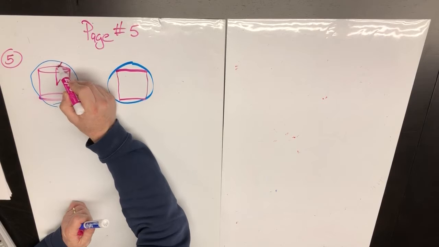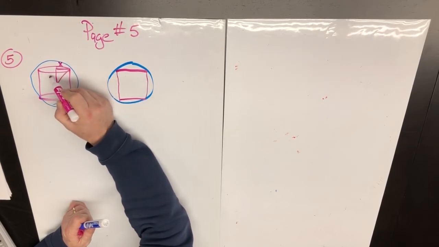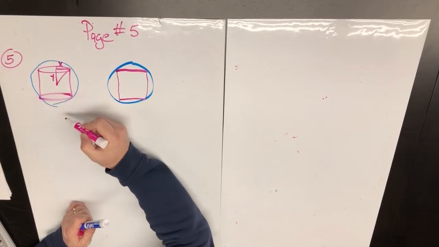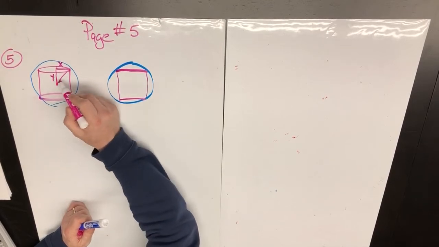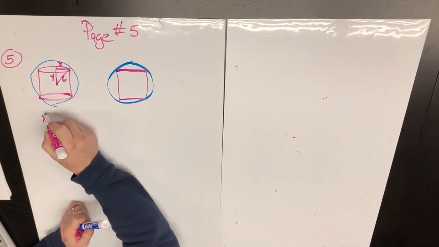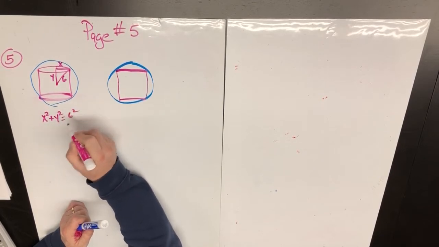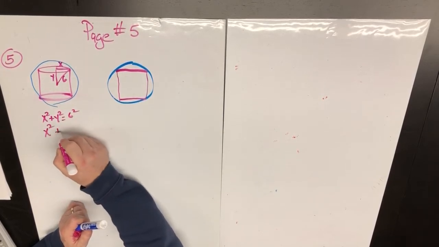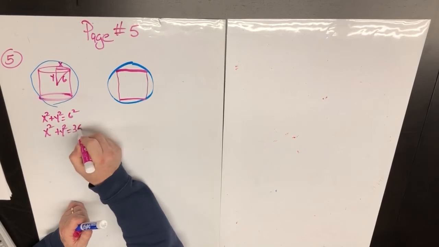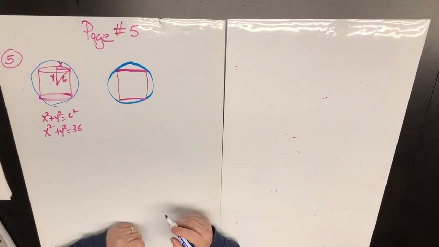So then we have the radius of the cylinder to be x, half the height of the cylinder to be y, and the radius of the sphere to be 6. So it creates a Pythagorean theorem relationship where x squared plus y squared equals 6 squared, so x squared plus y squared equals 36. Well, that's our known relationship. We want to try and maximize the volume of the cylinder.